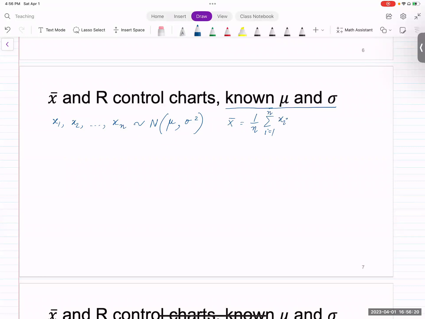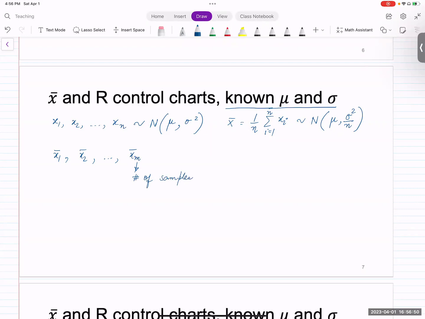And we also know this from the central limit theorem, chapter number 2, that X bar follows a normal distribution with mean mu and variance sigma squared divided by n. So now what we do is we collect x1 bar, x2 bar, up to xm bar, where m represents our number of samples.